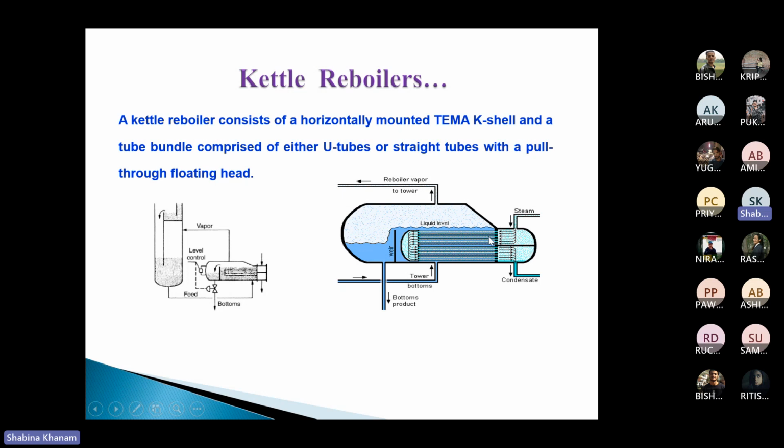One leg of the U tube enters the tube sheet and another leg enters here in the tube sheet. So each tube will enter twice in the tube sheet, but the tube sheet will be available only on one side. So in this case, vapor formation occurs only on the shell side.